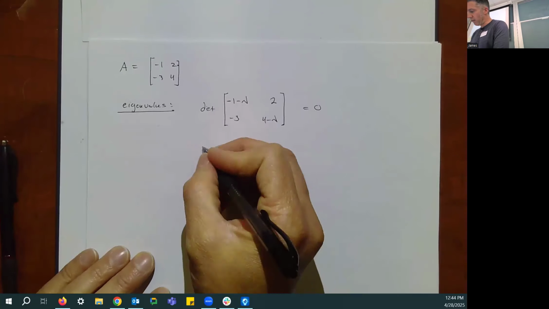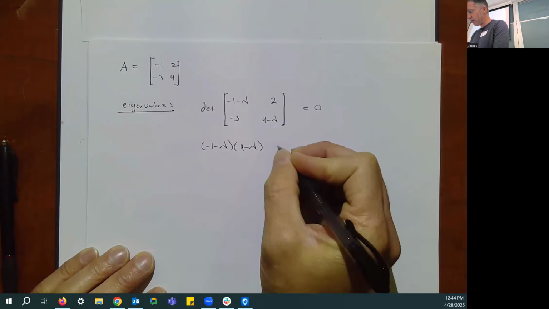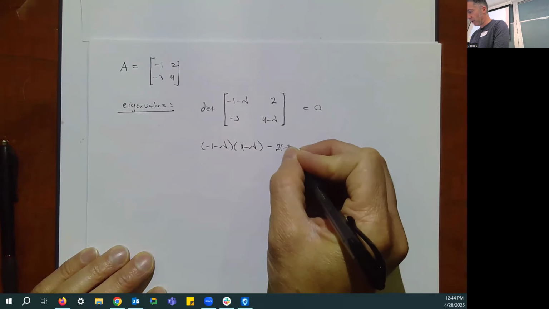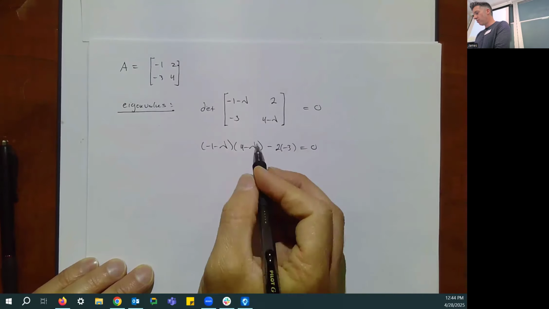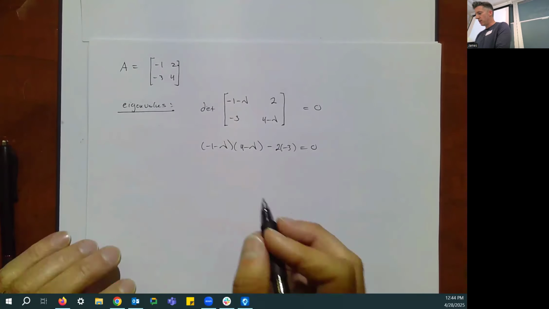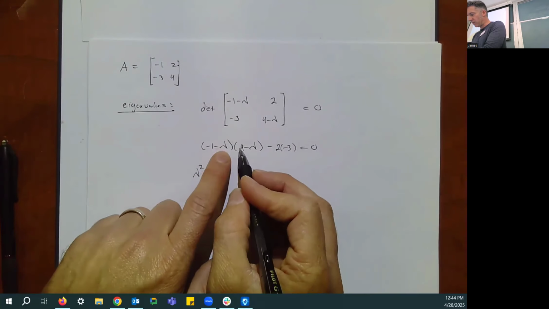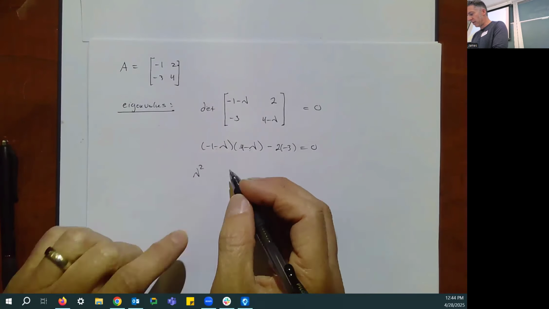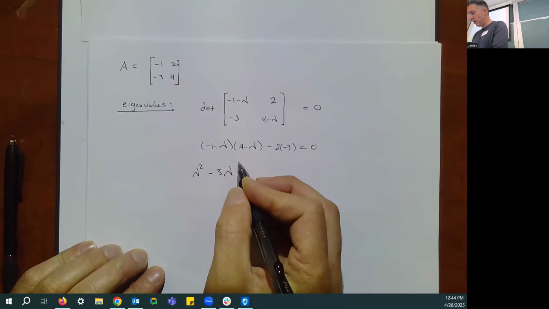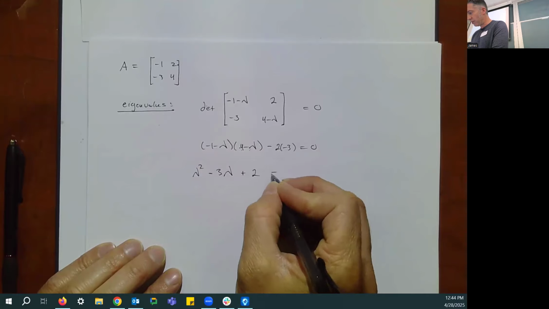So here we're going to have (-1 minus lambda) times (4 minus lambda) minus 2 times -3 equal to 0. Multiplying this out, I'm always going to write lambda squared first. You're always going to have a lambda squared. Negative lambda times negative lambda is lambda squared. And I have a -4 lambda plus lambda, which is a -3 lambda. And a -4 plus 6 is +2.